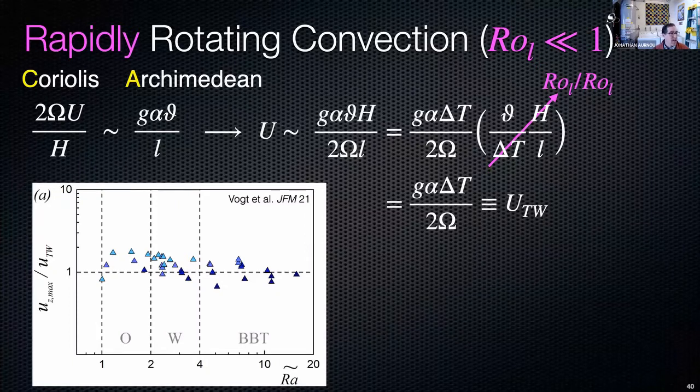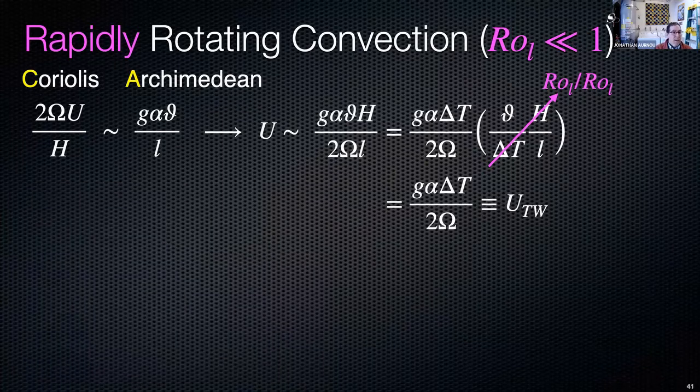And you could see in the range of supercriticalities we could study, from onset up to about 20 times supercritical, these are all order 1. So this is indeed what's found in these rotating convection systems, or at least in our liquid metal system.